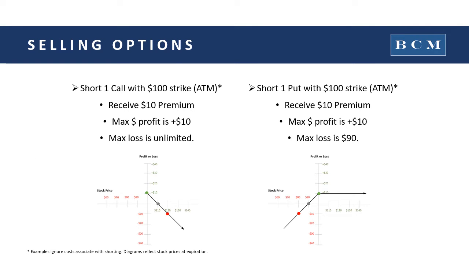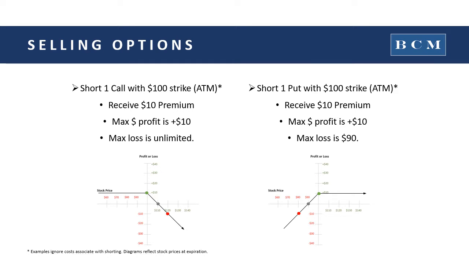So just like we can buy calls or puts to take long option positions, we can also sell calls or puts to take short option positions, which are basically just the opposite of the long positions. A couple of quick notes here, just as with part 2, the examples on this page are going to reflect stock prices as of the option expiration date.